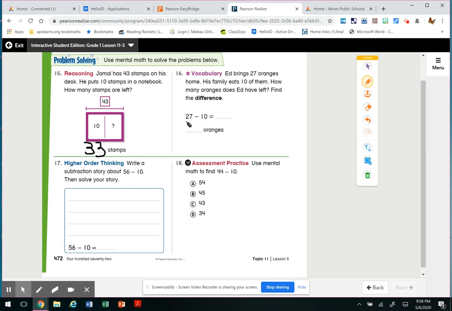So when we look at the digit in the tens column, we have a 2, and it's going to decrease by 1. So 2 take away 1 is 1. The digit in our ones column is going to stay the same because of that 0. So 7. 27 minus 10 equals 17. So Ed has 17 oranges left.